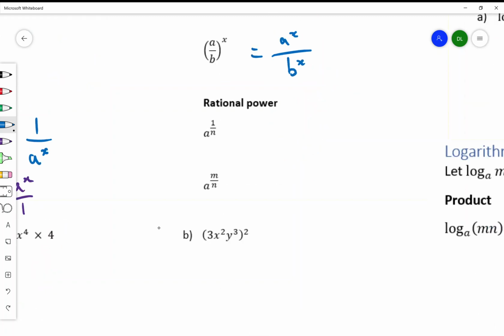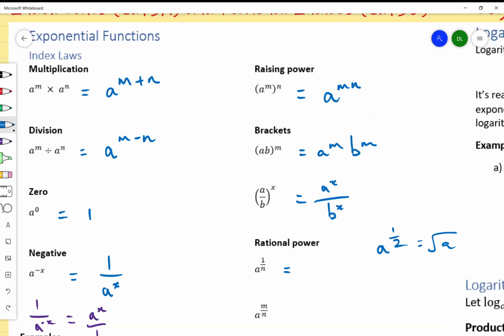If I've got a to the power of 1 over n, what does that give me? What is a to the power of a half? A to the power of a half is the square root of a. Okay, anything to the power of a half means square root.